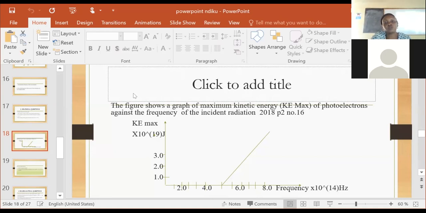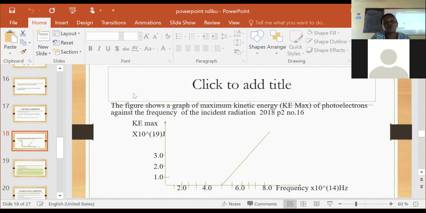Then from 2 to 4, there were 3 divisions. I hope you can see it. From 4 to 6, we also have 3 divisions, meaning each one of them is 2. But from the start, we have no divisions for 2. So here the argument was that nobody said the graph is starting from the origin.